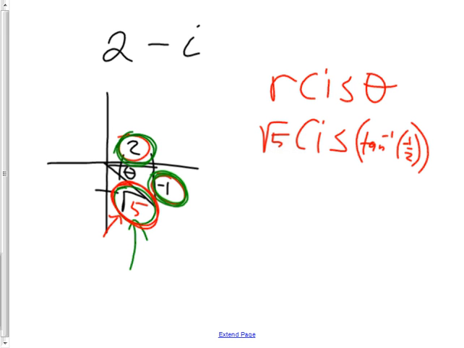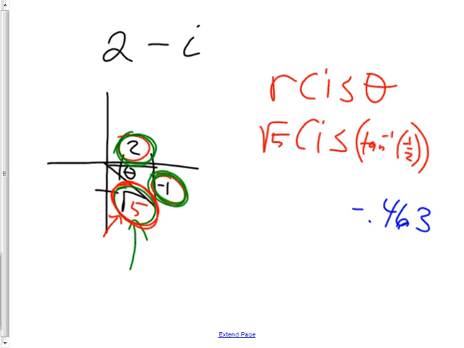For radians, negative 0.983 radians. Who's got it in degrees? Oh, that's not it. Did you do inverse tan of negative 0.5? Okay, that's the problem. Negative 0.463, blah, blah, blah.